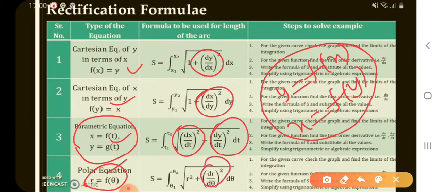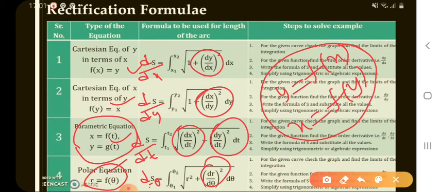After that we substitute all these values in the formula of length of the arc. We denote length of the arc with capital S, or ds by dx, ds by dy, ds by dt, or ds by d theta. You can write s or ds by dt or any other. Okay, just simply write capital S.